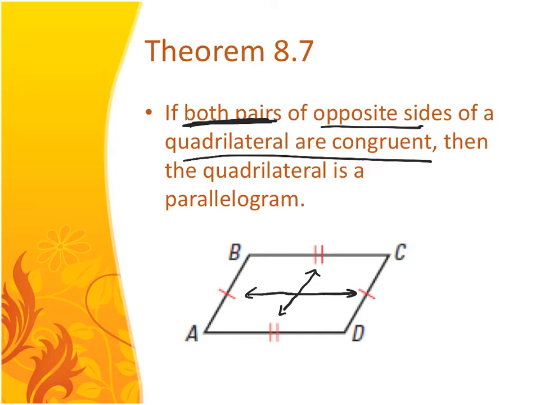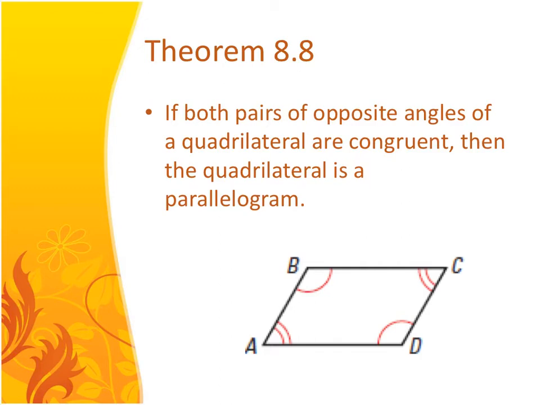And as soon as you identify it as a parallelogram, then all the things that you know become true. This becomes congruent to that. This becomes congruent to that. We know that this is parallel to that. We know that this one is parallel to that one. We know that the consecutive angles are supplementary.